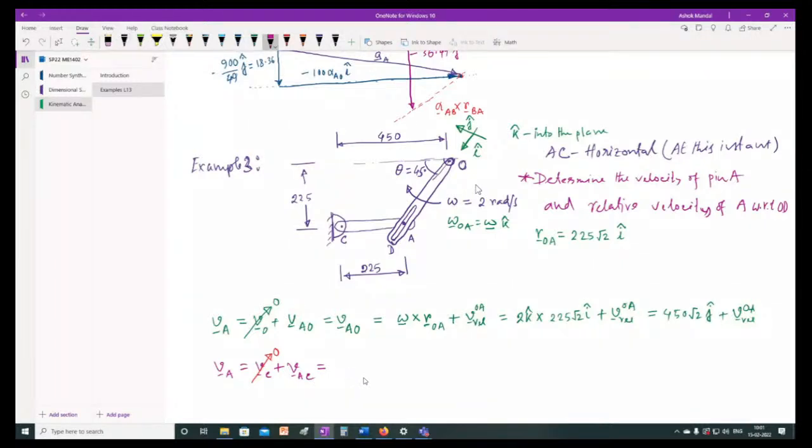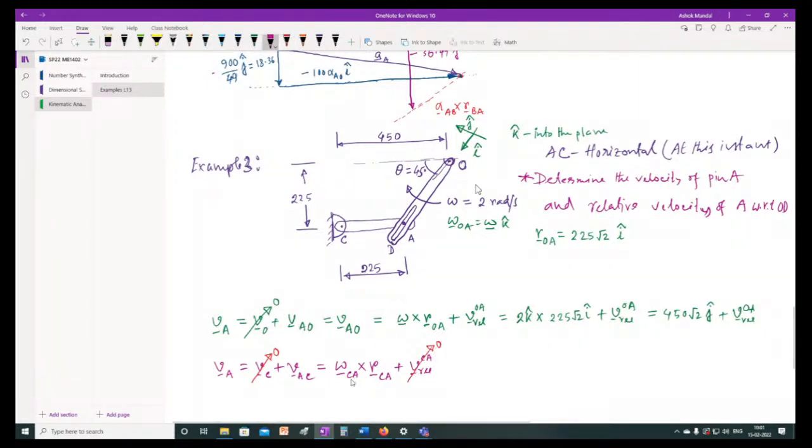Is there any relative component? So we have omega CA cross R CA plus, if I write V relative CA, then you can see that the distance between CA is always constant, right? That is not changing. So there is no relative velocity.